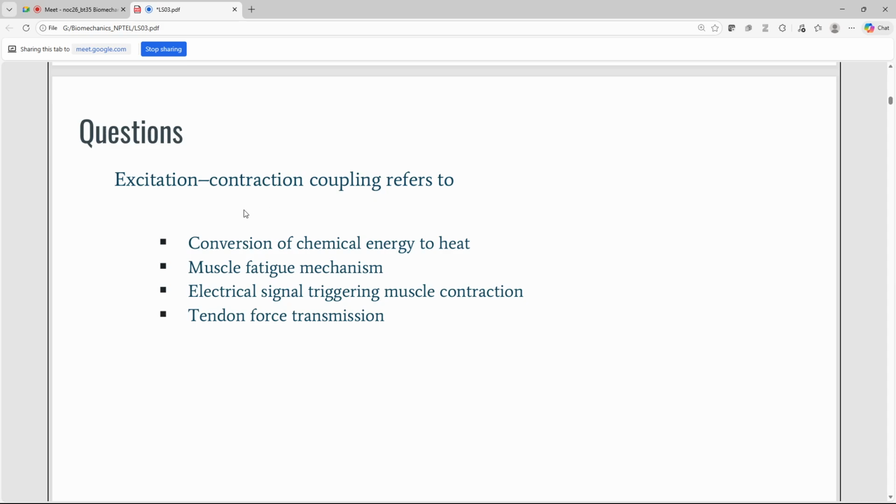First question: the excitation contraction coupling refers to which of the following? Options are conversion of chemical energy to heat, muscle fatigue mechanism, electrical signal triggering muscle contraction, or tendon force transmission.